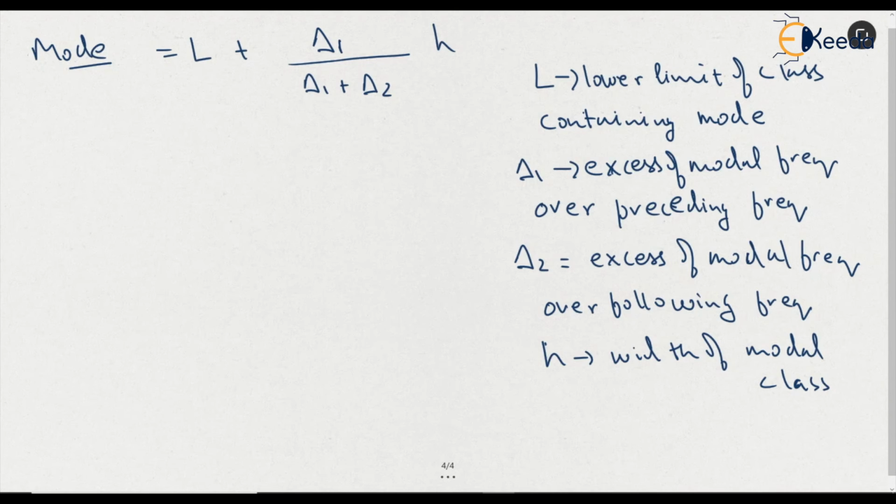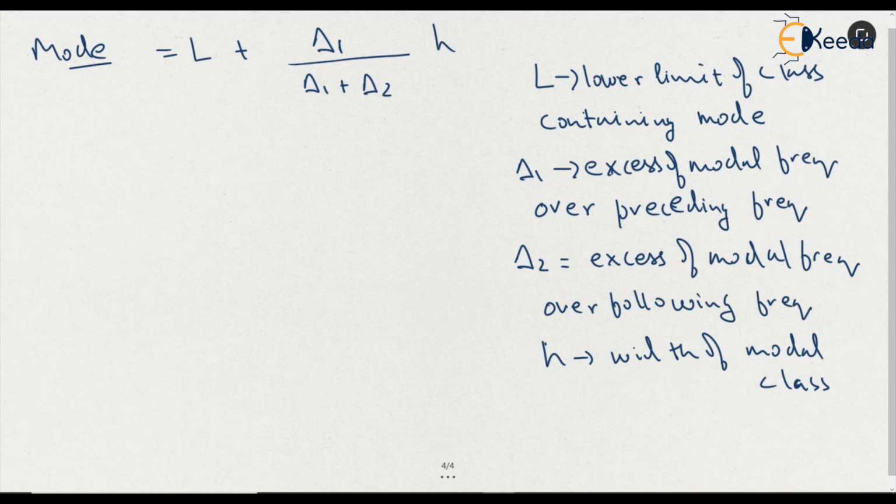Then del 1 will become 15 minus 10, and maybe the class following the modal class will be 8. Then it will be 15 minus 8 equal to del 2. H will be the same width, generally the same for all, but sometimes it may be different.